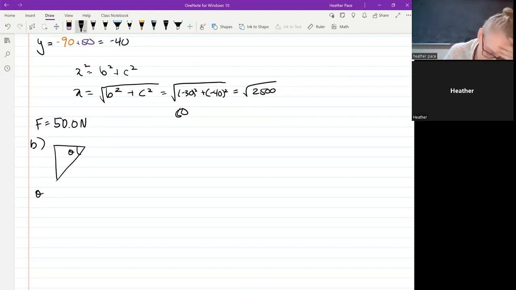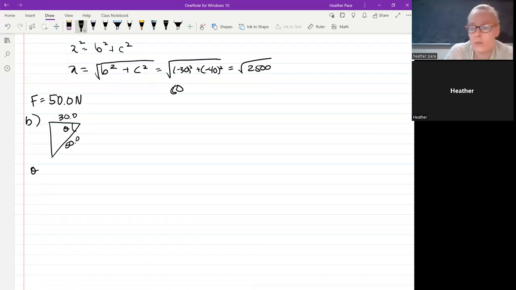So we said that our resultant force, our magnitude is 50. So we know the hypotenuse of our triangle is going to be 50. And our x was negative 30. So this is 30. Now, to be exact, we would say this is negative 30 and this is negative 50, but we are just looking for that angle, so it doesn't matter as long as they match.